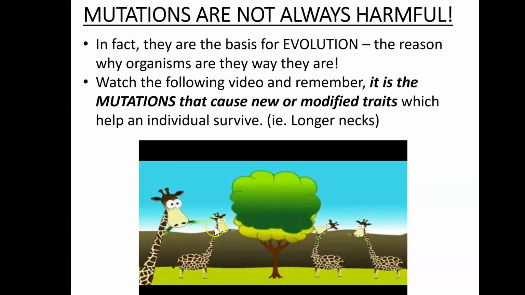They were able to reach the taller trees because of these genetic mutations that allowed them to have longer necks. And that obviously made them able to compete better for the food, and therefore it was a good mutation that allowed them to survive better.